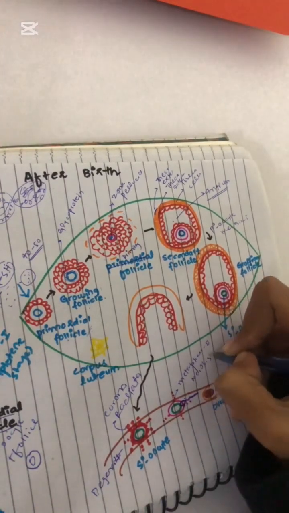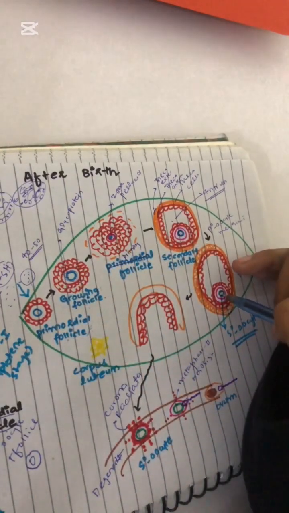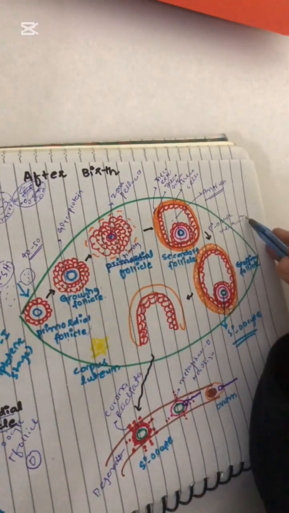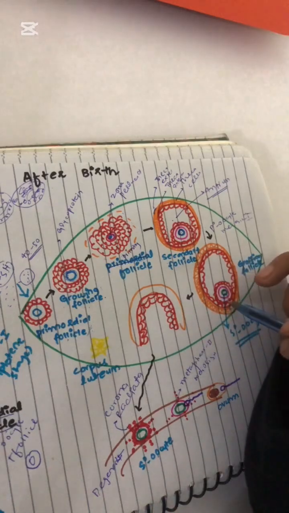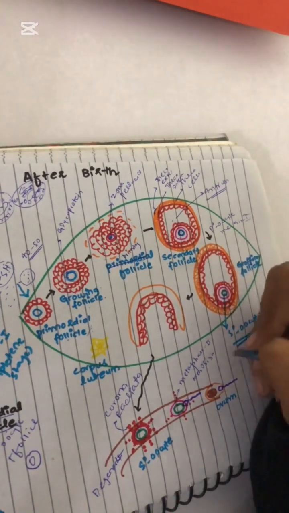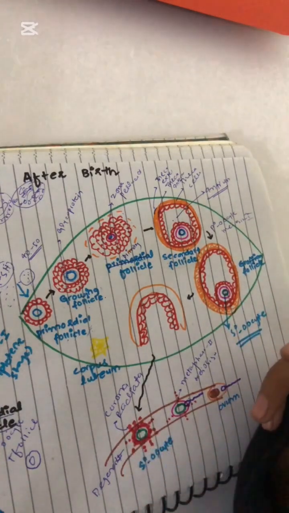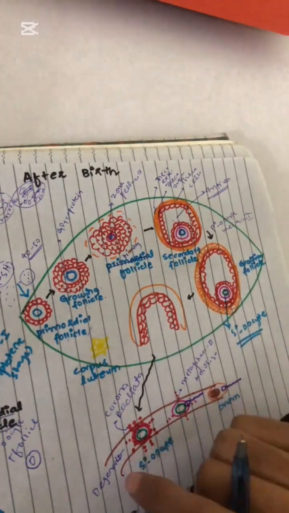So what happens? The primary oocyte here divides to form secondary oocyte. It completes its meiosis 1. Just before ovulation, it starts its meiosis 2, but is arrested at the stage of metaphase 2.